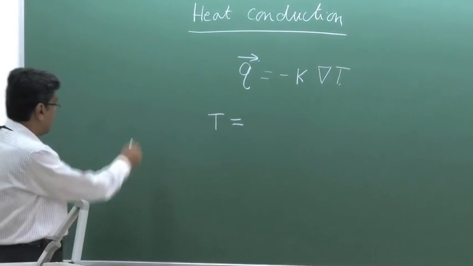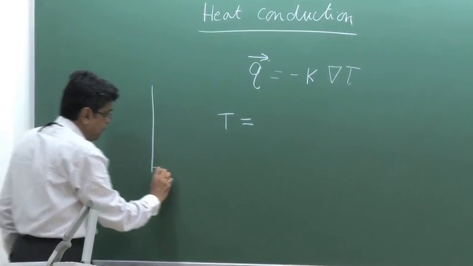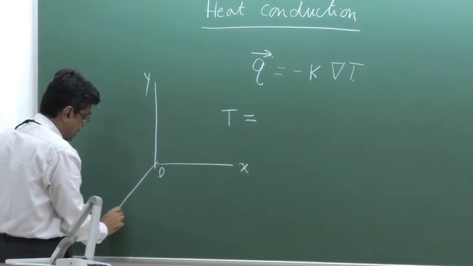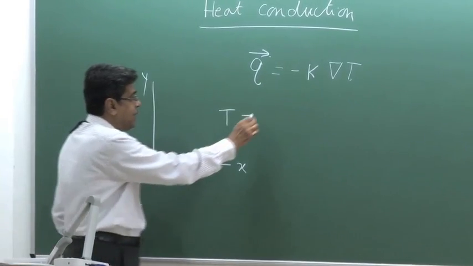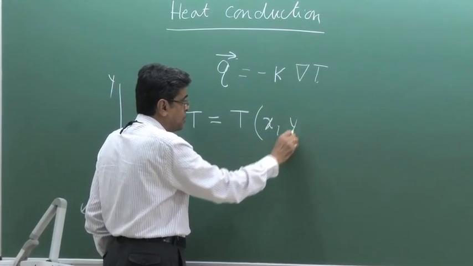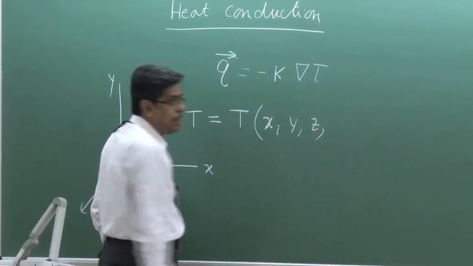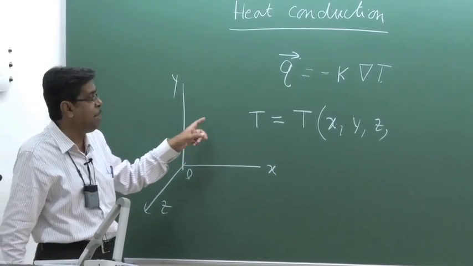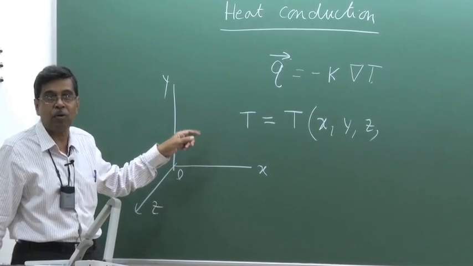If you consider a simple Cartesian coordinate system x, y, z, then T is mathematically expressed as a function of space coordinates x, y, z, and also it can vary with time. That means at any point the temperature can also vary with time.